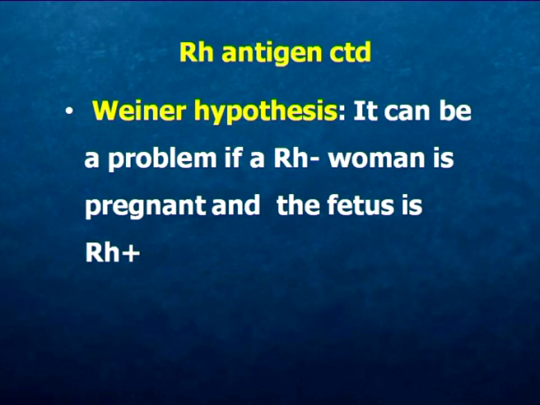So, when she conceives, she is likely to conceive a positive baby only, because the Rh positive of her hubby is dominant over that.